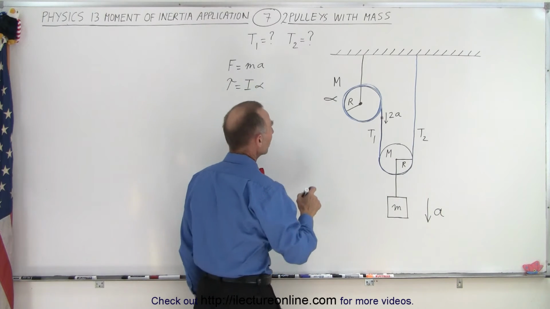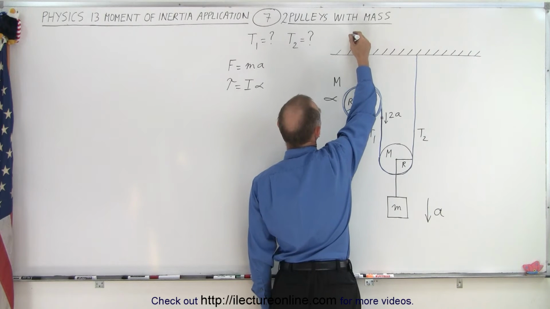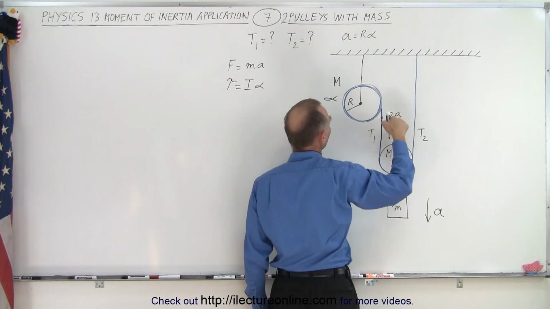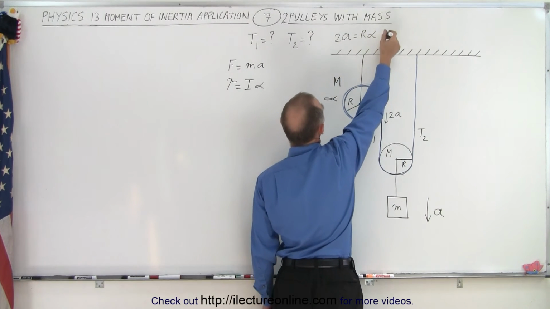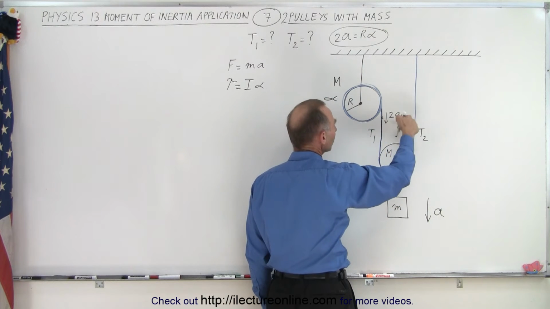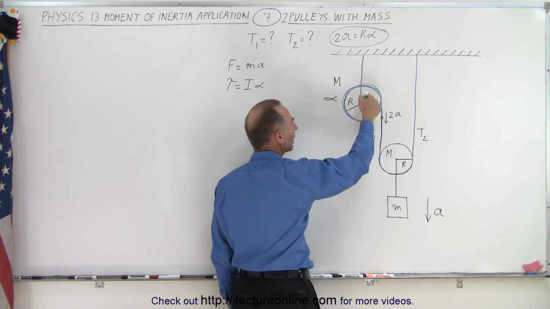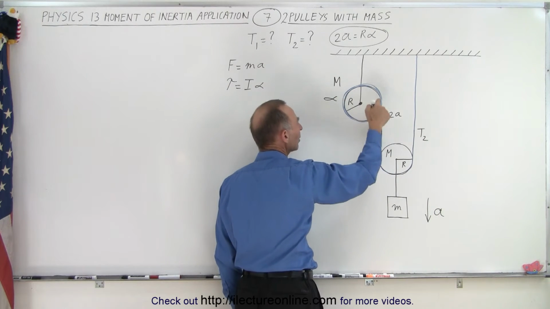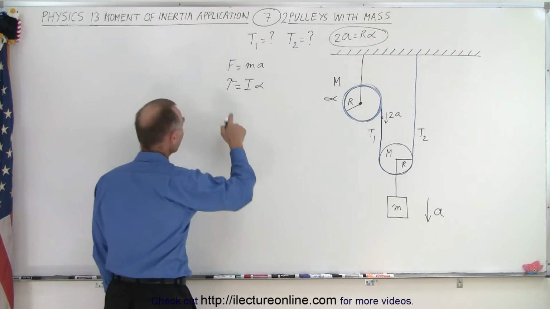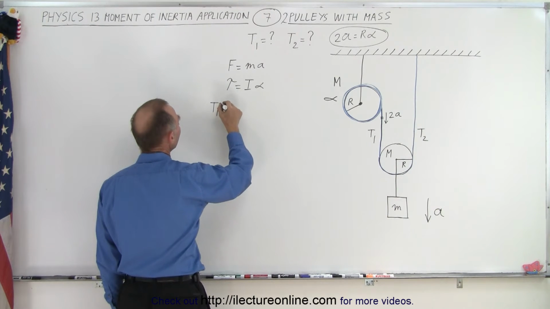We also have to remember that normally we have A equals R times alpha, but in this case we need 2A equals R times alpha, because we're calling this acceleration 2A and this acceleration A. So related to the angular acceleration of this disk, 2A is used, so we write 2A equals R alpha.